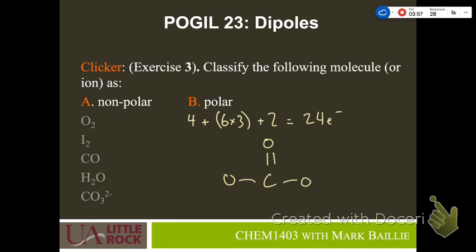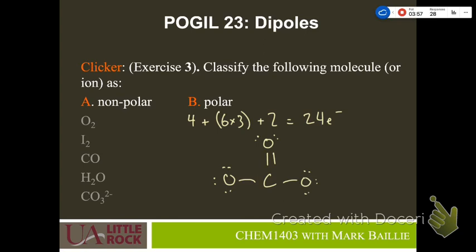So how many lone pairs do we have? 1, 2, 3, 4, 5, 6, 7, 8. We have 16 electrons, so 8 lone pairs. We used 8 in bonding, 16 in lone pairs, and that's our Lewis structure.